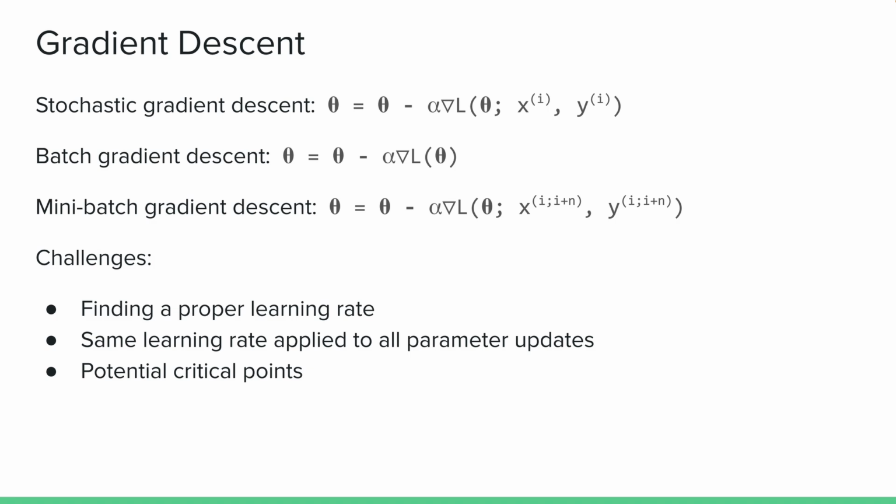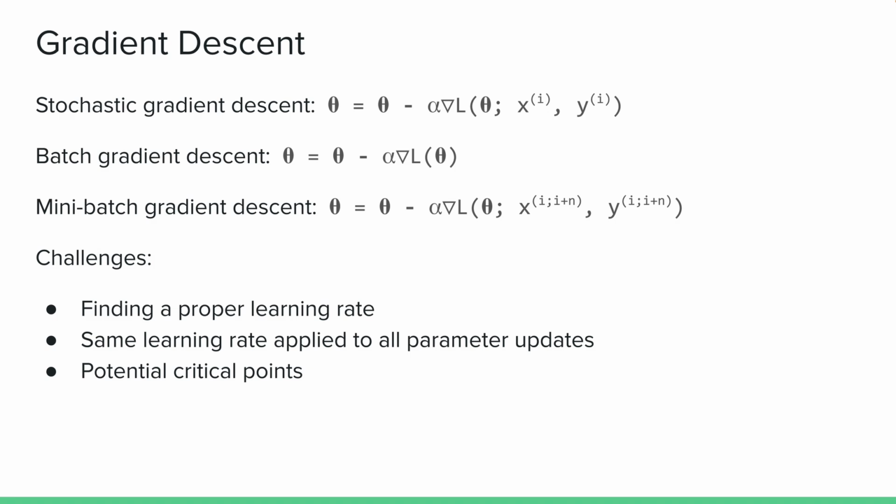One is stochastic gradient descent, where we take a single example, compute the gradient, and then update our parameters theta with that gradient. Then there is batch gradient descent, where we calculate the gradient for our entire data set and then perform an update step. Both have downsides.